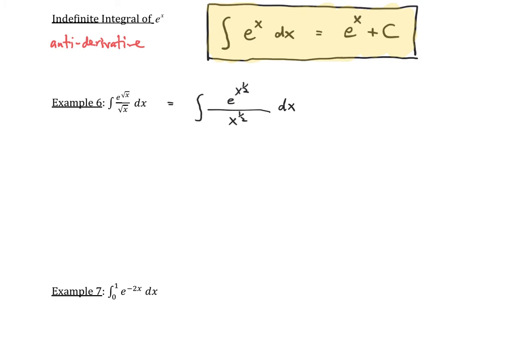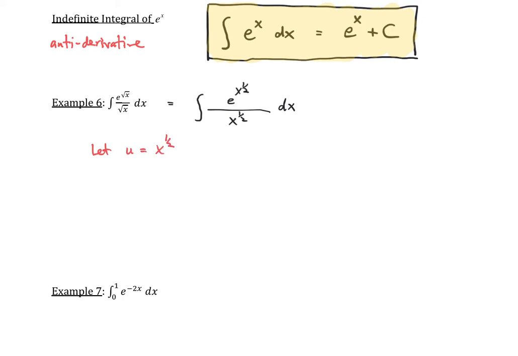Now, when I look at the integrand, I see we have e to something that's not just x. This is e to the x to the 1/2 power. So this x to the 1/2 is a little bit troublesome. So what I'm going to do is let u be equal to that x to the 1/2 power.